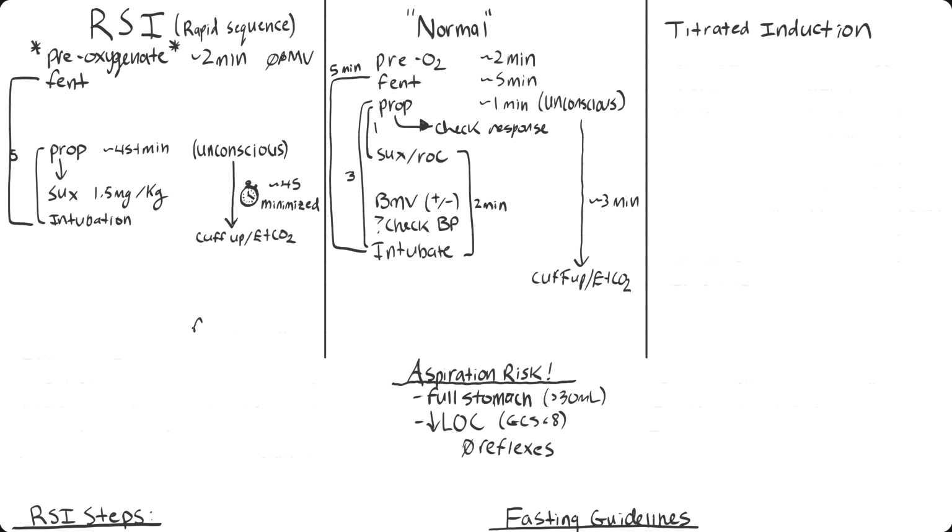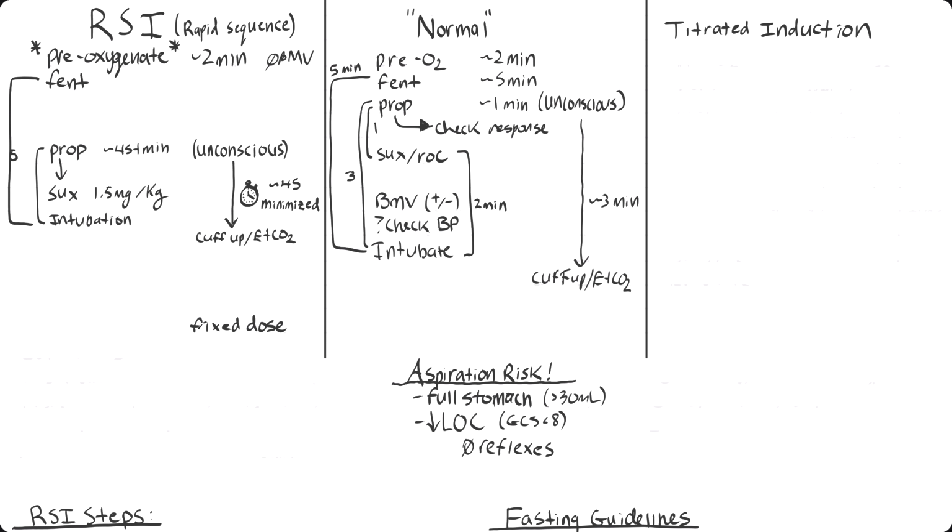Important things about the RSI are that you're using a fixed dose of your propofol and your sux. So the sux is 1.5 milligrams per kilogram, and the propofol dosing is whatever you deem to be appropriate for the patient. But imagine you're not checking for the response to propofol before giving your paralytic here.